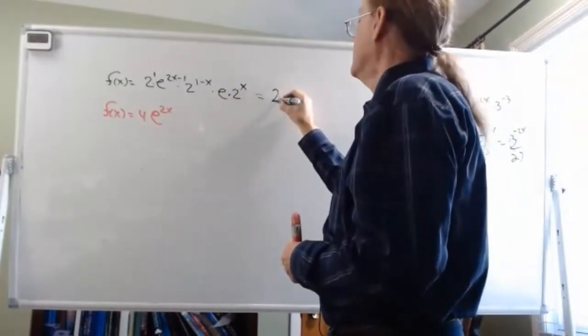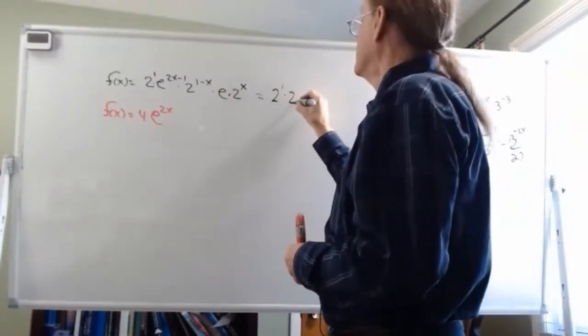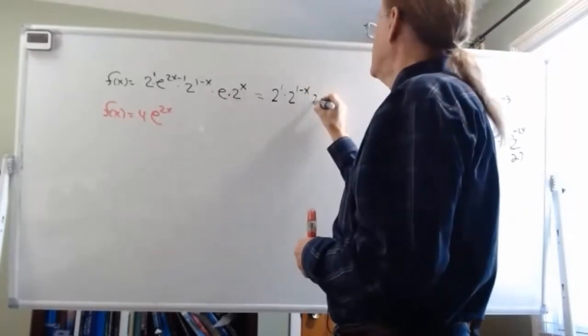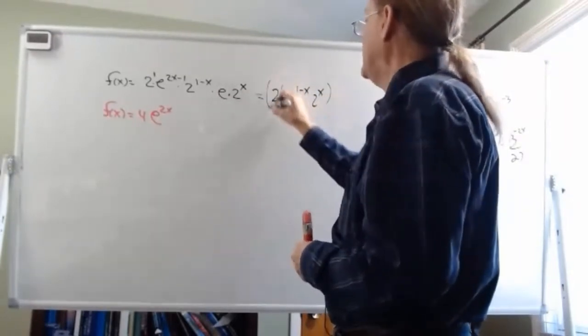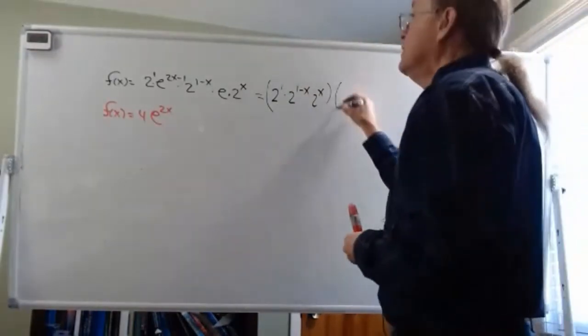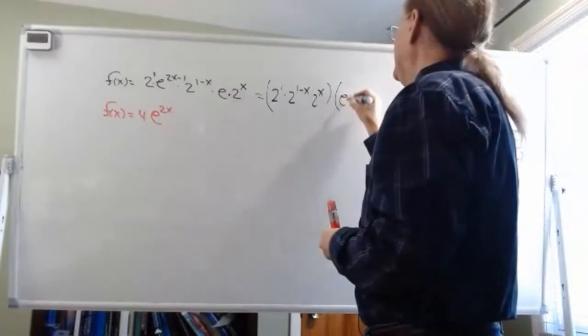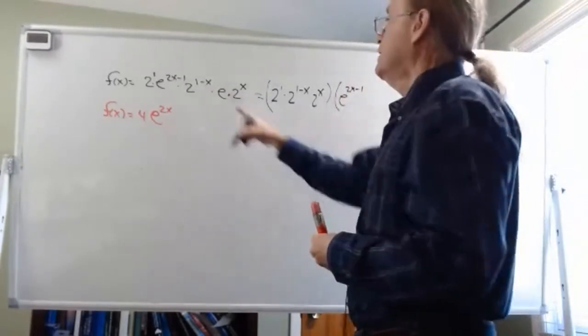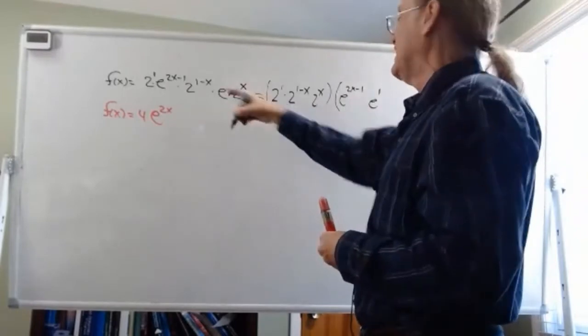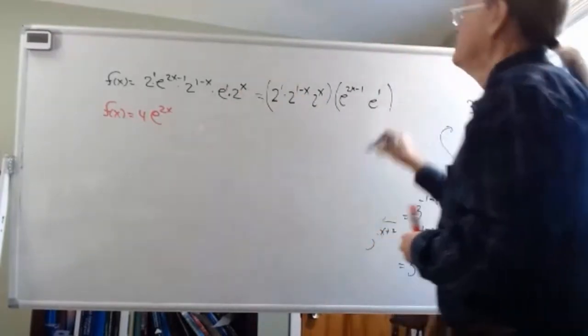I have a 2 to the first times 2 to the 1 minus x, and then I can move this 2 to the x. I put all those bases of 2 together. And then I'll put all the e bases together as well. So here we have e to the 2x minus 1, and that's e to the first power. I just don't write the exponent, but there is a 1 there.